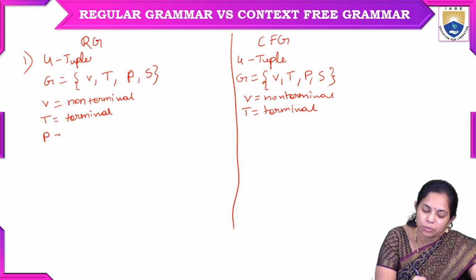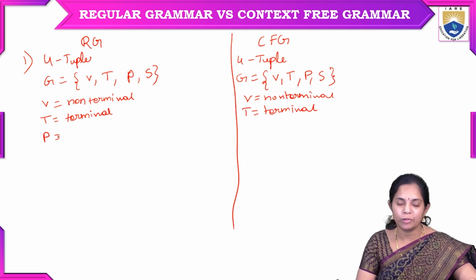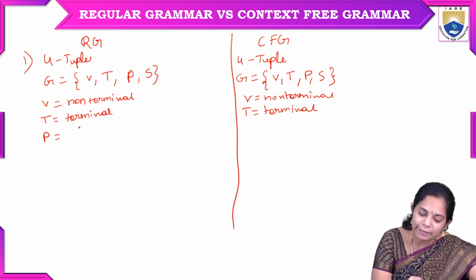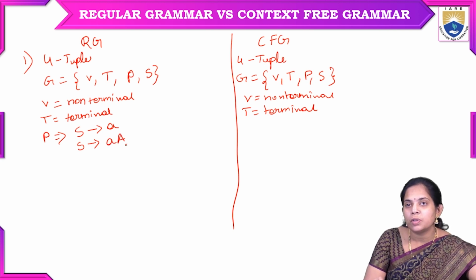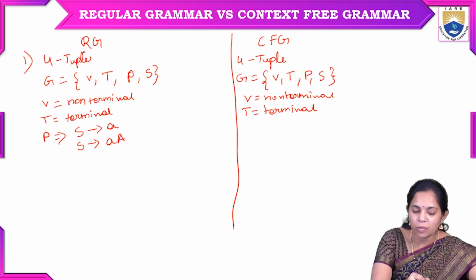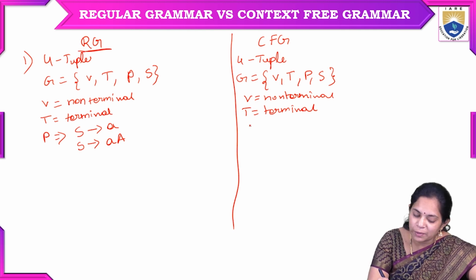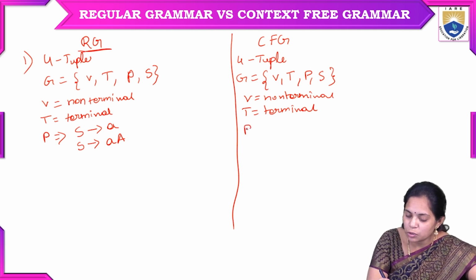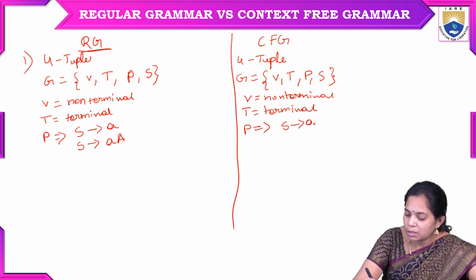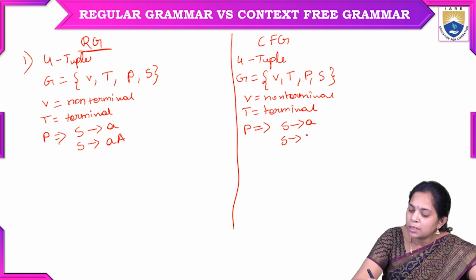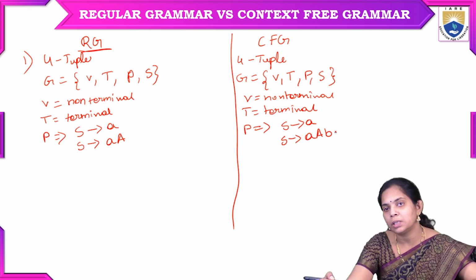And production rules. While coming to the production rules, we have a few differences. Here we will write the production rules: S tends to a terminal and S tends to a terminal and non-terminal combination. So these are the two production rules for the regular grammar. When coming to the context-free grammar production rules, we have S tends to terminal, S tends to terminal, non-terminal, and also we can have one more terminal symbol.